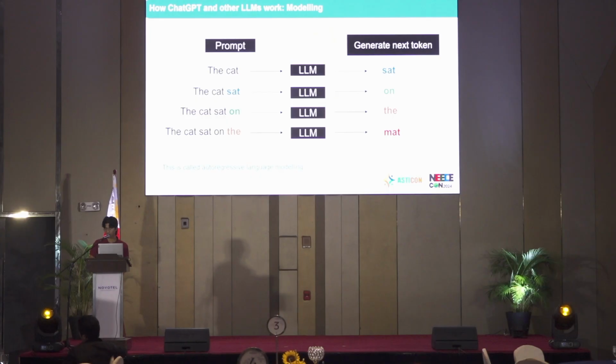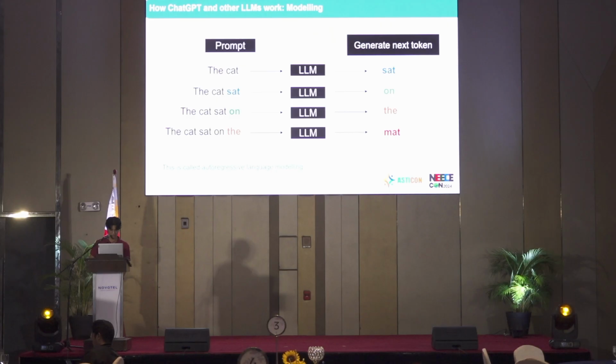ChatGPT and other commonly known LLMs write essays, answer questions, or make recipes just by trying to generate the next token in the input sequence. For example, if you input "the cat" to the LLM, the output of the LLM is "sat."